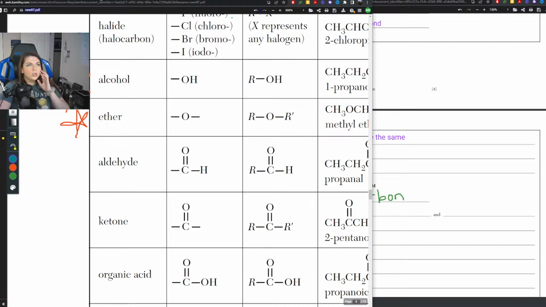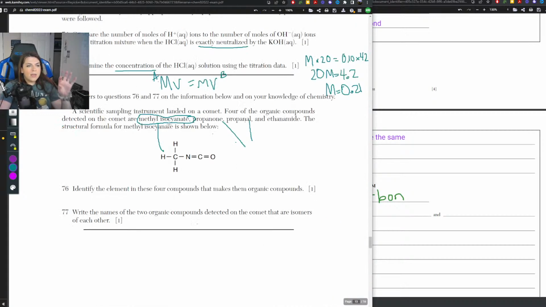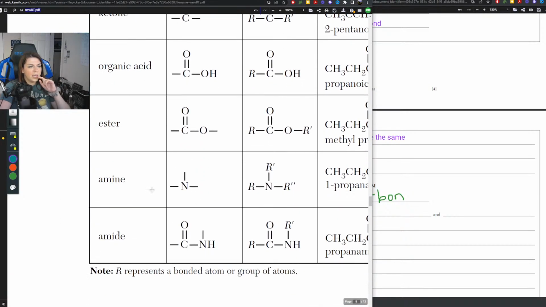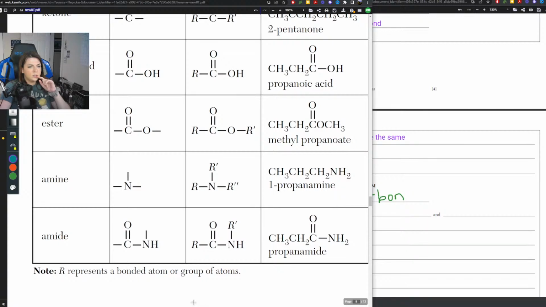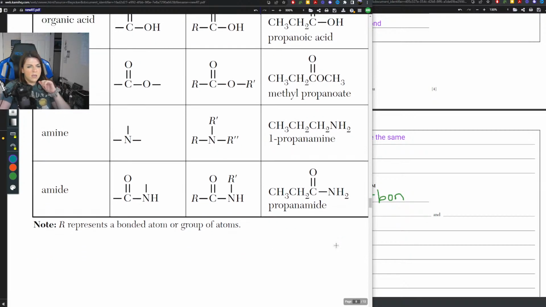Now, if we look back at the methyl isocyanate, we have 2 carbons, which we would have in this ethanamide, right? Because eth stands for 2 carbons. But we're talking about an amide. And if we go and look at the amide, this would be something like this. We have propanamide right there. If I want ethanamide, I would have 2 carbons.